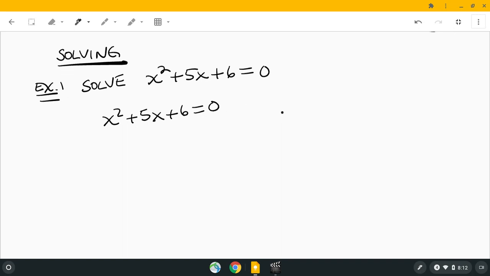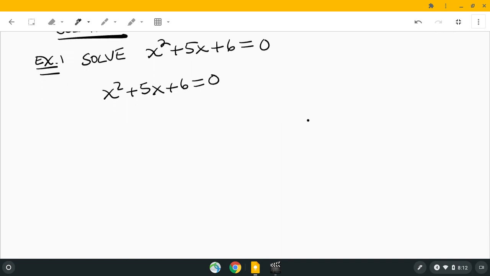So now we can go ahead and factor. x times x makes x squared. We want positive 6, so the signs have to be the same. This tells me they'll both be positive. And it's 3 and 2. And if you check, you get 5x for the middle.